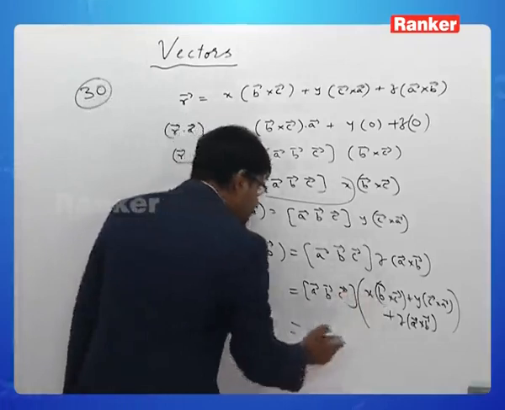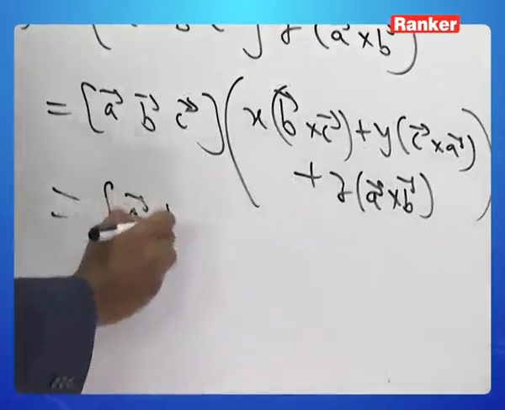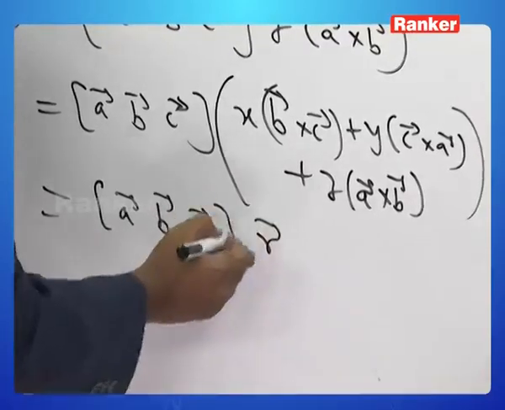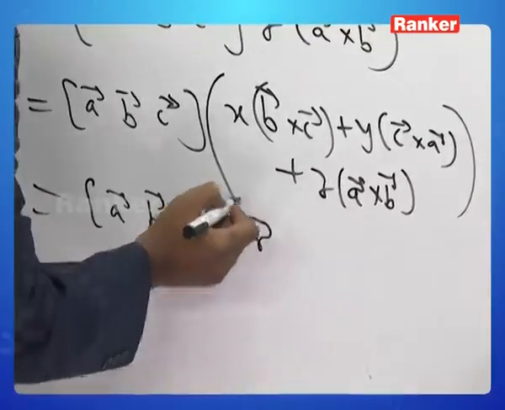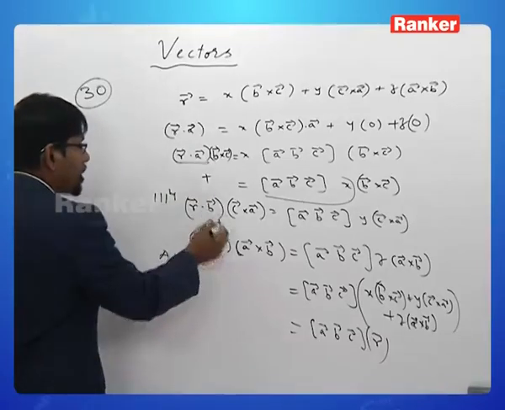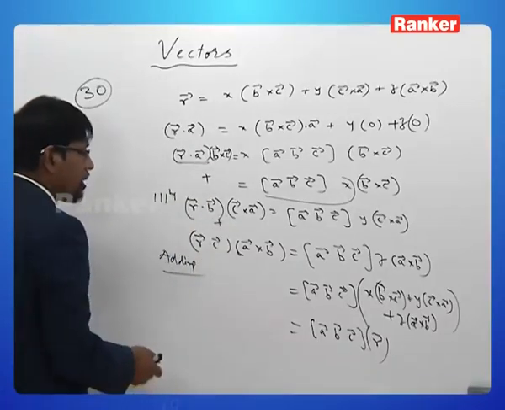So we have here box of ABC into R bar. So when you add up all these three vectors, we get box of ABC into R bar.